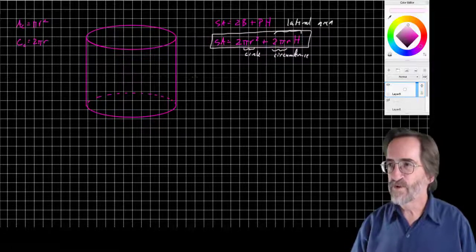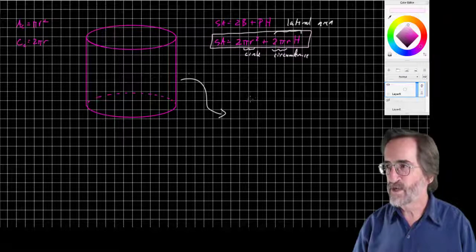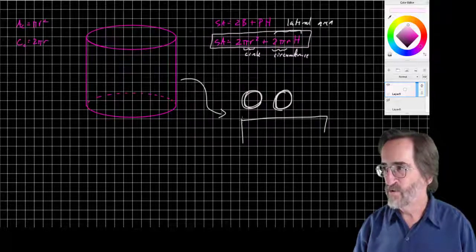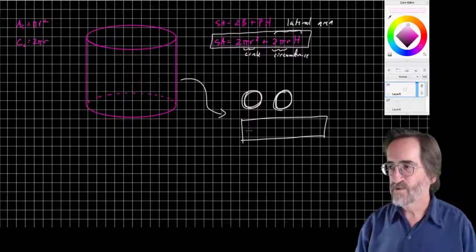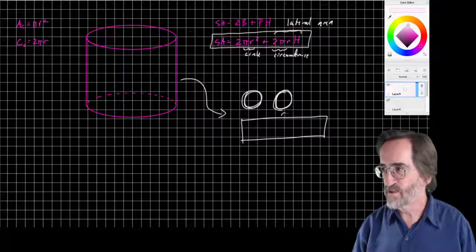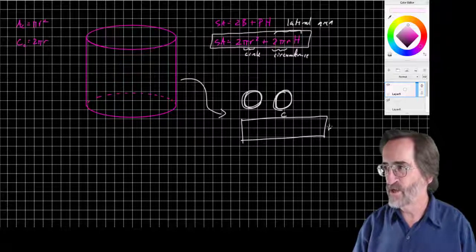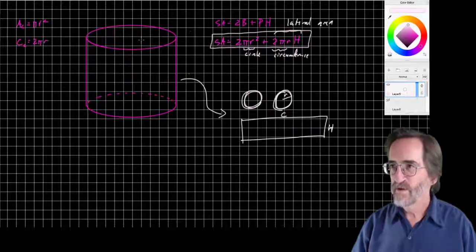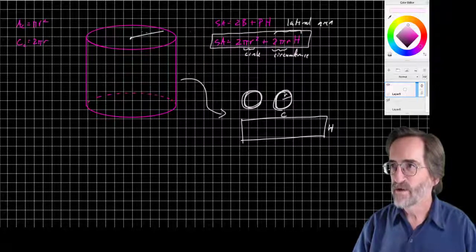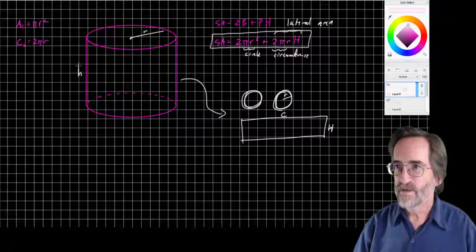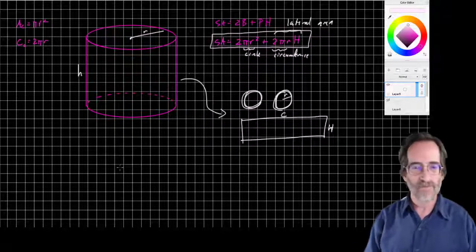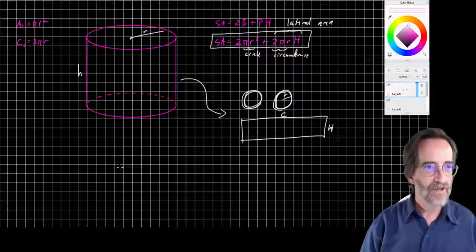It's important to recognize that when you take apart a can, you have 2 circles and a rectangle, where this is the circumference of the circle and this is the height of the can. Okay, and this is the radius. So we have the radius and the height, and with the radius and the height, we can find the surface area of the can, of the cylinder. All right, that's it.